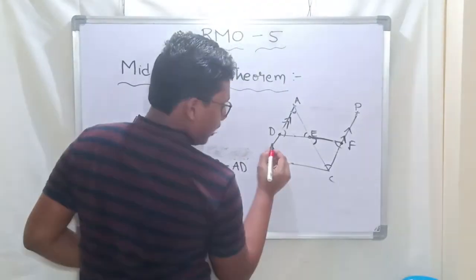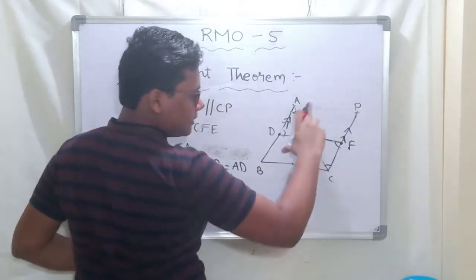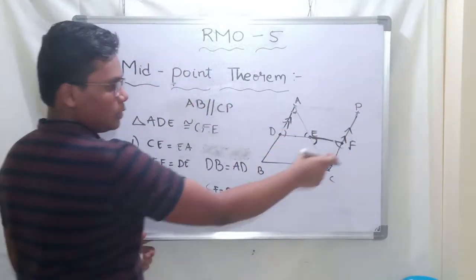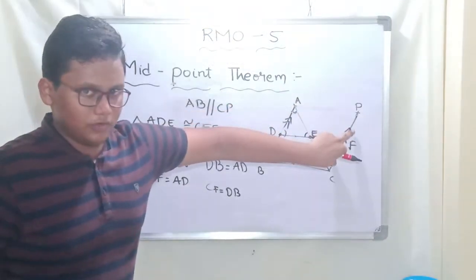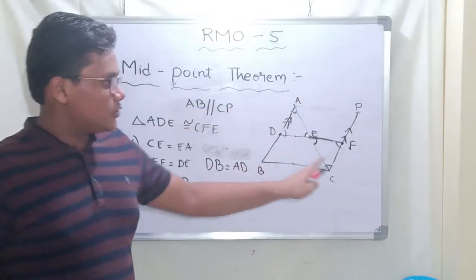We know that these two lines are parallel, given, so these two will also be parallel. And now these two are equal.